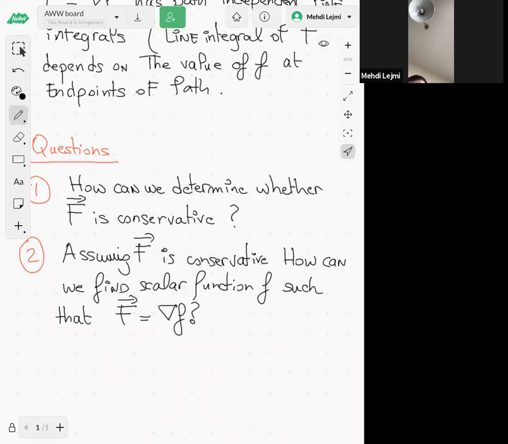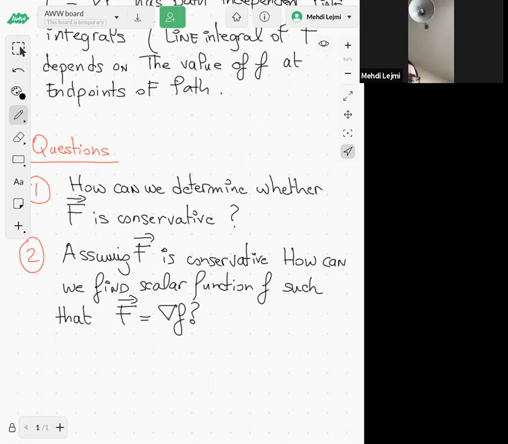So the answer to the first question was, roughly speaking, if the curl of the vector field F is 0, then the vector field F is going to be a gradient vector field, right?